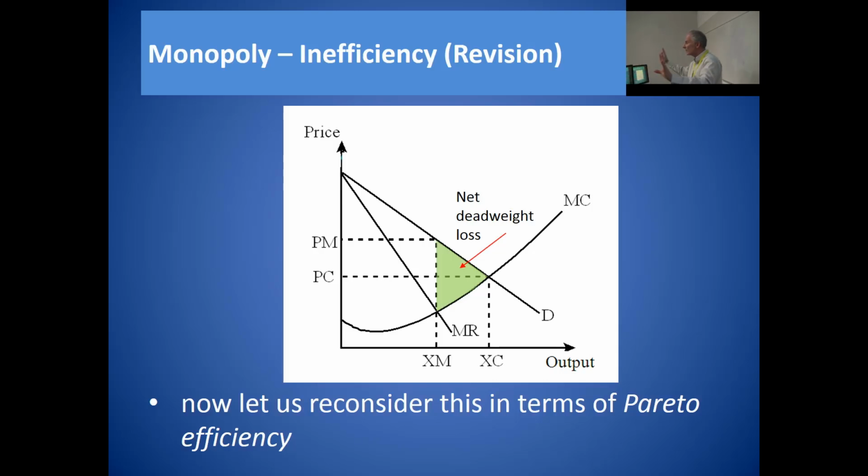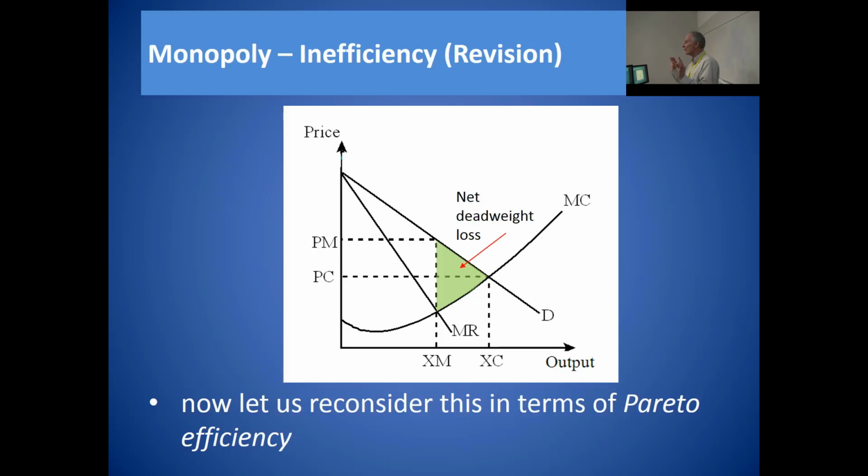Now, the one thing that isn't going to change is that the monopolised outcome is inefficient. Just because we look at it in terms of Pareto optimality or Pareto inefficiency, it isn't suddenly going to disappear. Absolutely, it is still inefficient. But I want you to think about it in terms of that concept of Pareto efficiency instead.